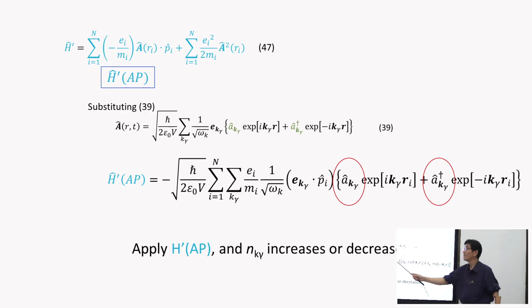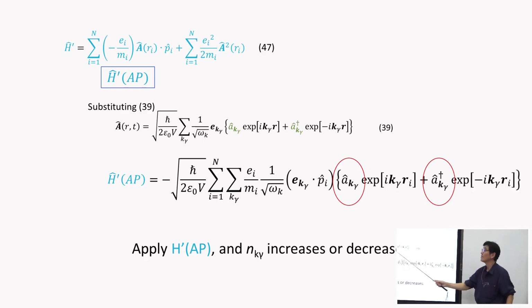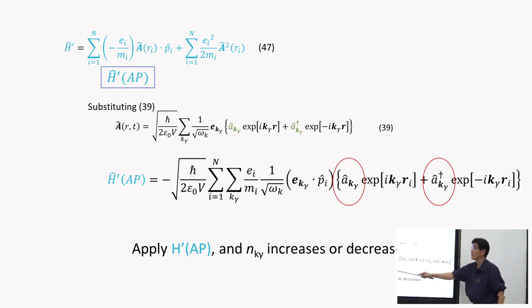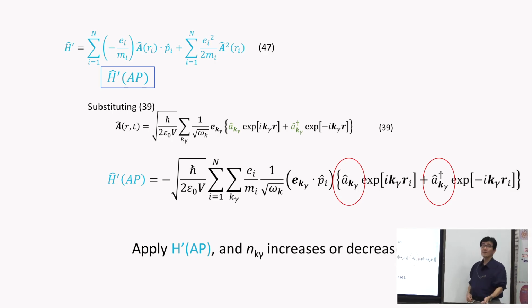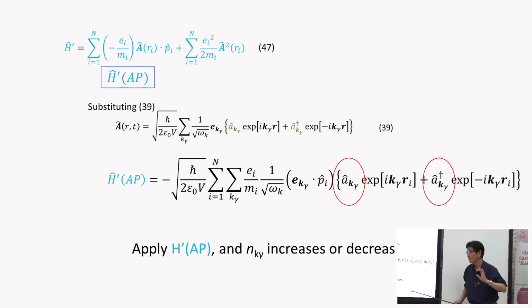Because A includes a creation operator and an annihilation operator, H prime A·P also includes a and a dagger. You know, a and a dagger affect the number of photons in the radiation.